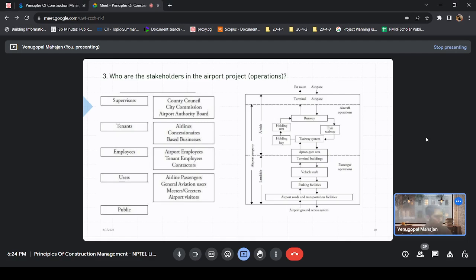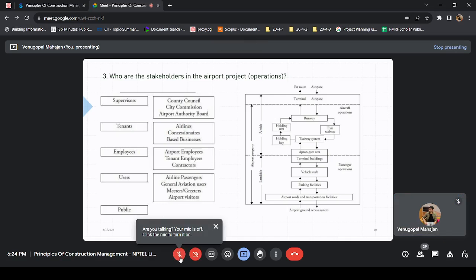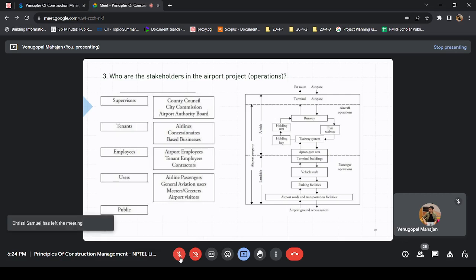Excuse me. Sorry guys. Can you go through the operations stakeholders?